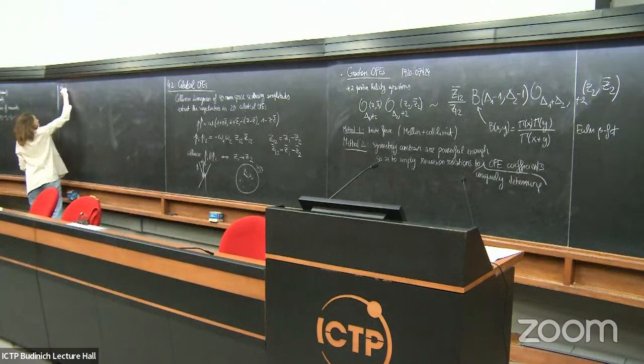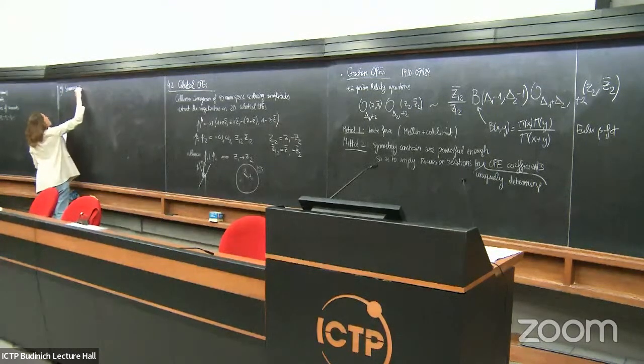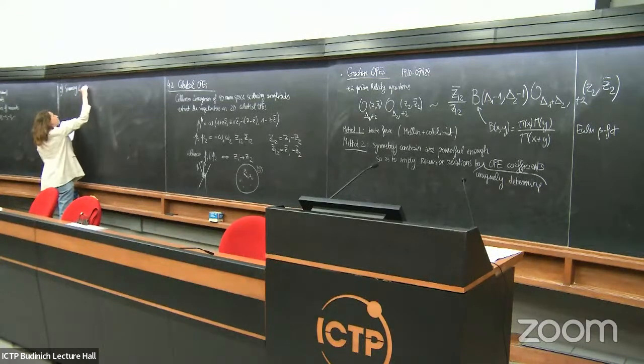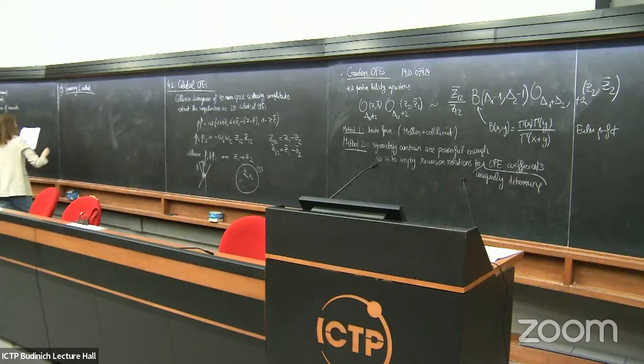So, summary and outlook. What we have seen, and I hope I've tried to convince you, is that the infrared structure of gravity in asymptotically flat spacetime is very rich and very subtle.